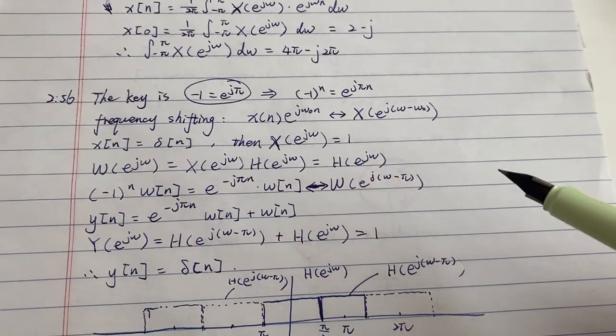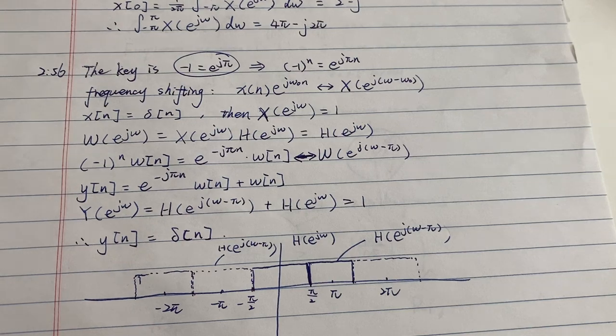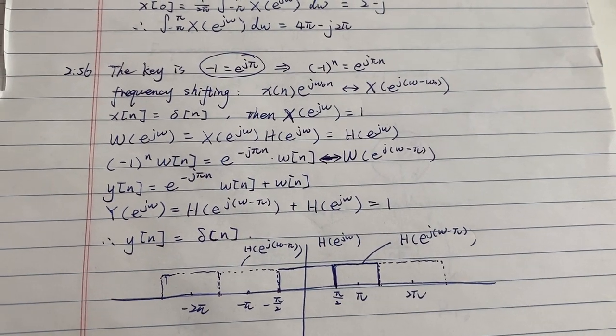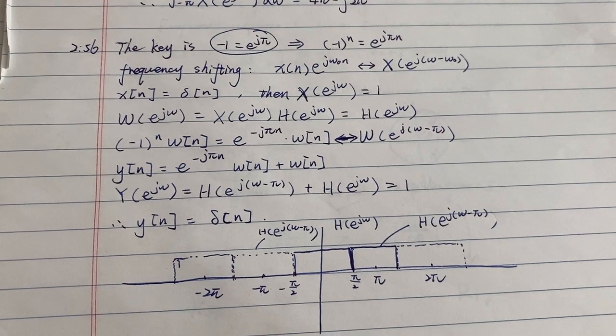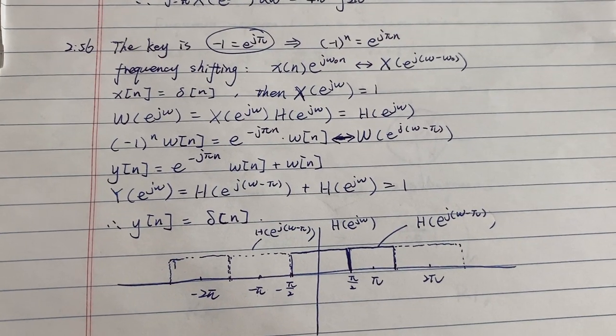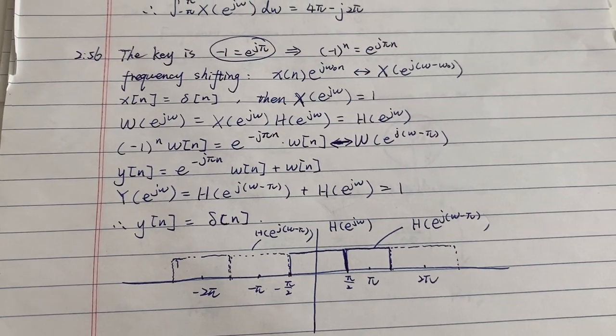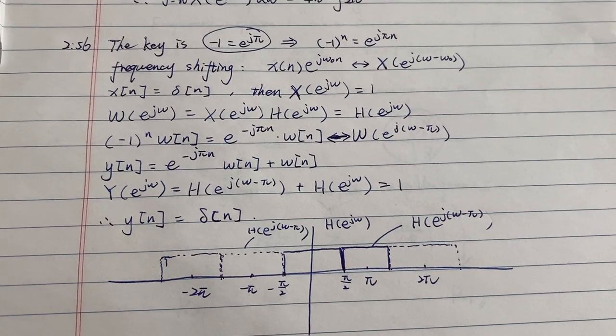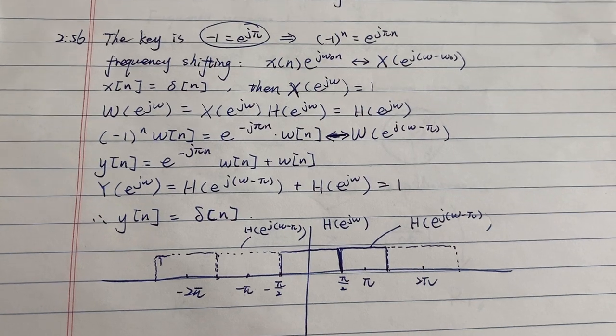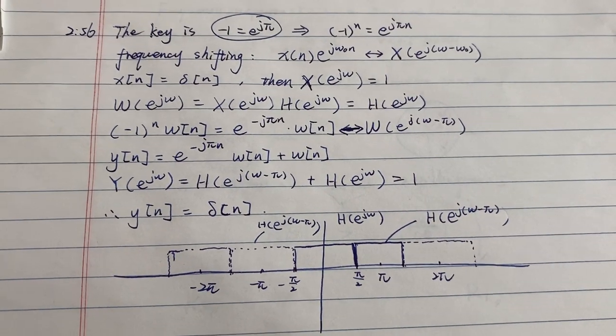And we're going to solve this problem with a frequency shifting method, because for frequency we can do multiplication directly instead of convolution. So I choose to use the frequency shifting instead of time shifting for this question.